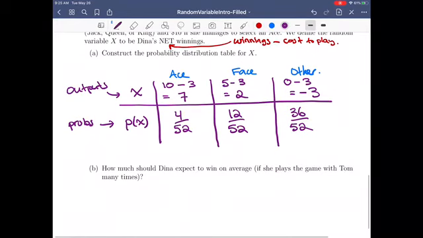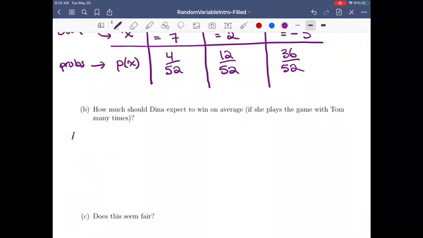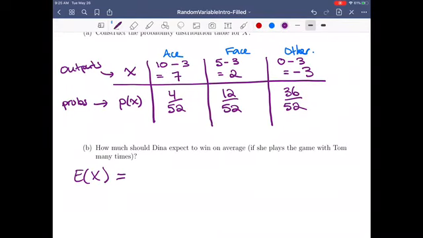Now we want to know, how much should Dina expect to win? That means we want to compute the expected value, so we're computing E of x. Because we have the probability distribution table, we take each output and multiply it by its probability.